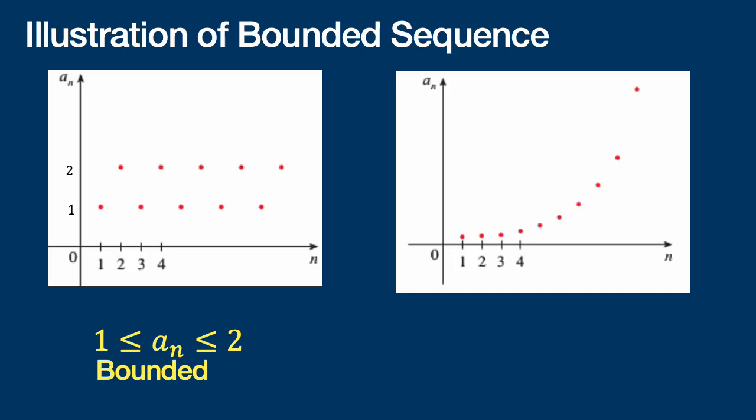We call this sequence unbounded. Simply said, we cannot find a lower limit or upper limit. We cannot find it. In that case, we say unbounded.